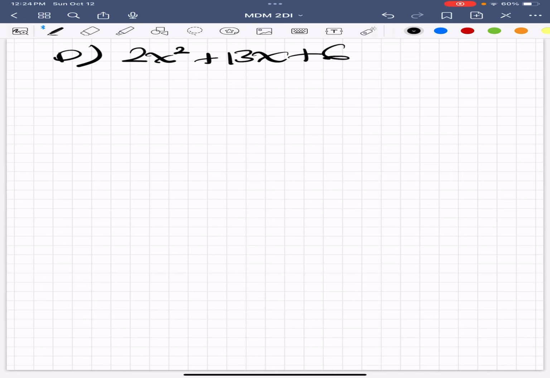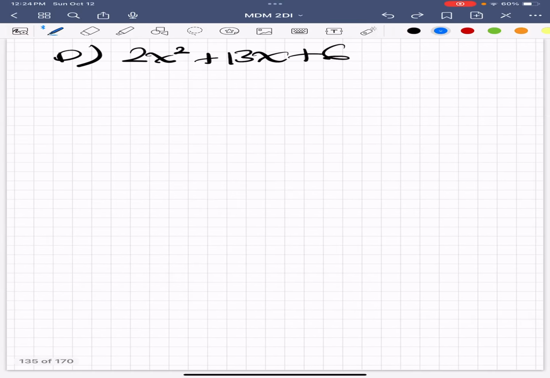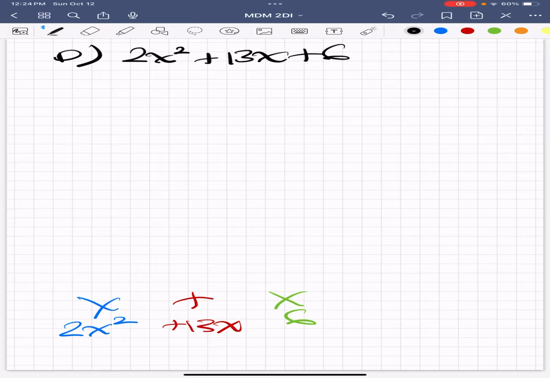So, we need two factors that multiply to 2x squared. It needs to match 2x² plus 13x, and then it needs to multiply to positive 6.